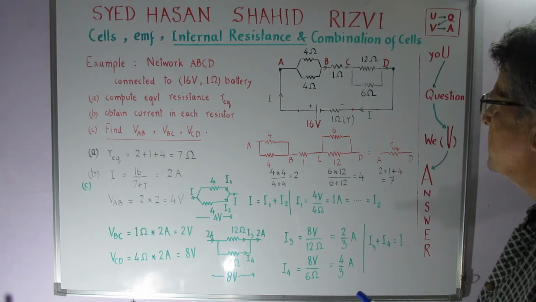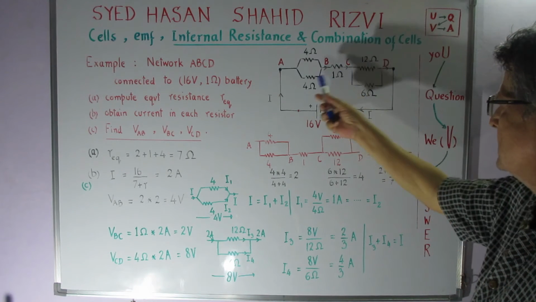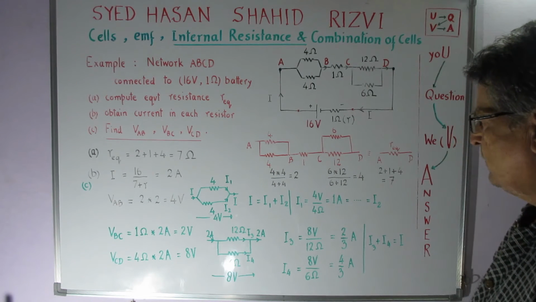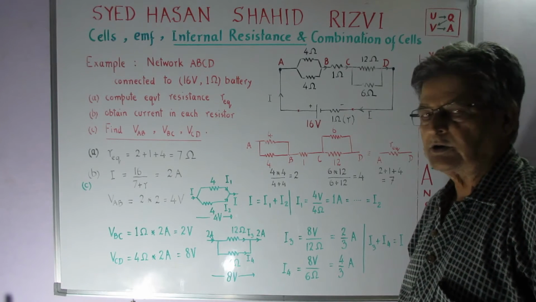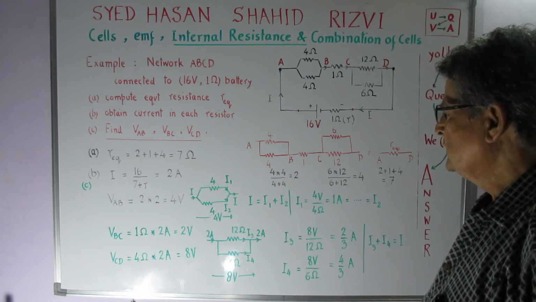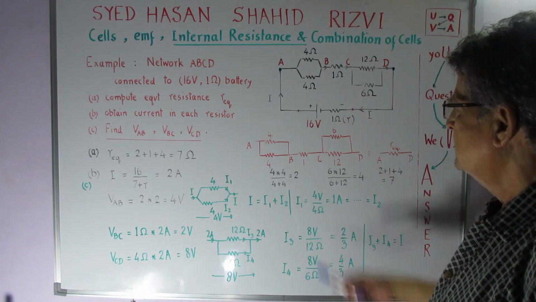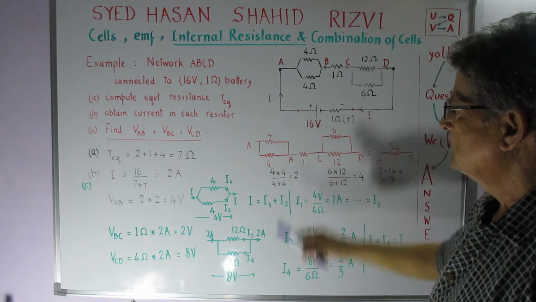What I have done is, I have redrawn this network over here. And this is my advice also to you, because you have the pen, you have the paper, and you can scribble fast. So I am redrawing it, changing the topology to this one.